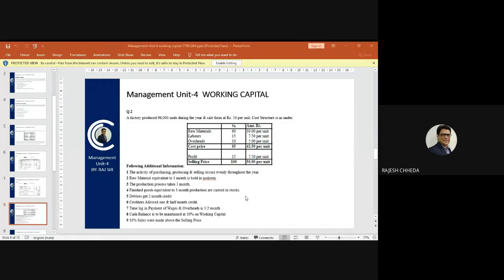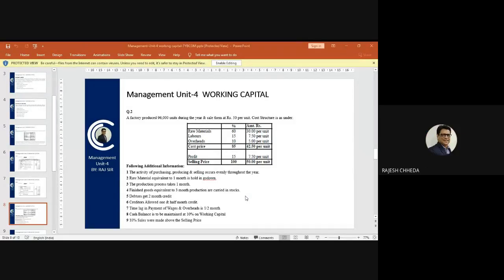Debtors get 2 months credit. The next information says debtors get 2 months credit. Can any student try the calculation of debtors? How will you do it? 8,000 multiplied by 2 months into 50.